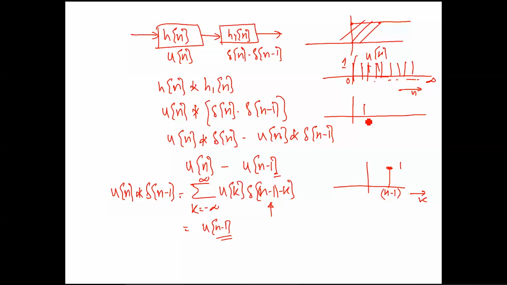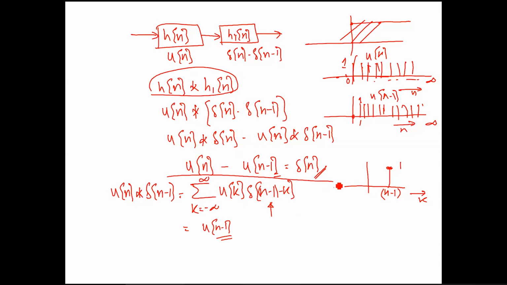It is all ones starting from n equal to 1 and going all the way to infinity. So if we subtract this from this, the end result is a single impulse, which will be just delta n. So we just convolved these two together and found that the convolution ended up giving us this.